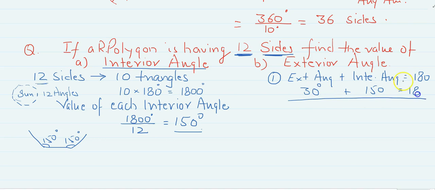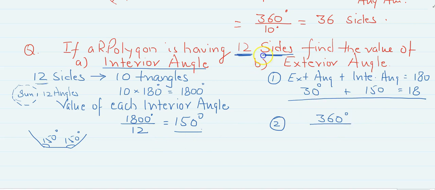So that is the first method. The second method is, we know the sum of all exterior angles of a polygon is 360, irrespective of the number of sides, whether sides are 3, 4, 5, 10 or whatever number, the sum will be 360.